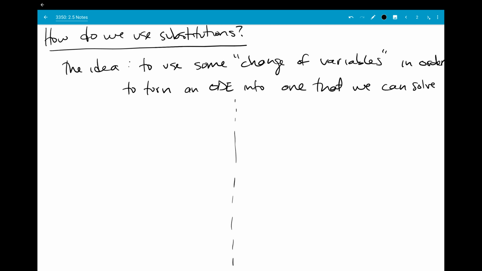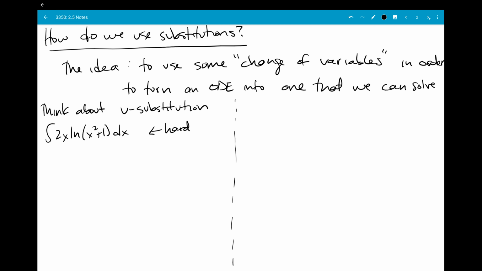To build intuition for how it works, I think it helps to think about the type of substitution you've used most recently, probably u substitution, as you learned it in your Calc 2 classes, and it comes up in some of the integrals we have to use. So if you have something like 2x natural log of x squared plus 1 dx, you have something that's hard to solve.